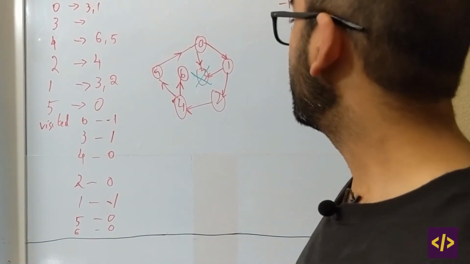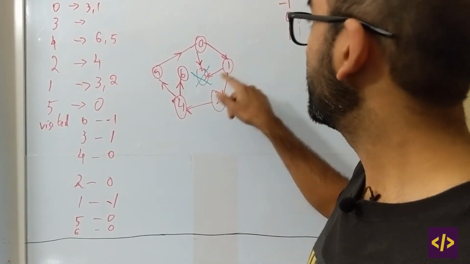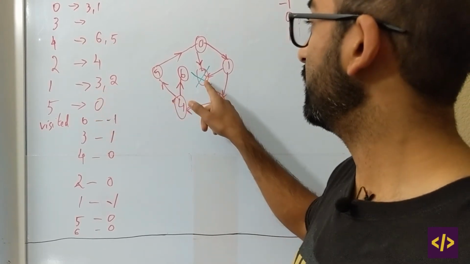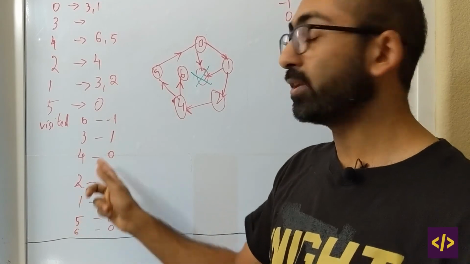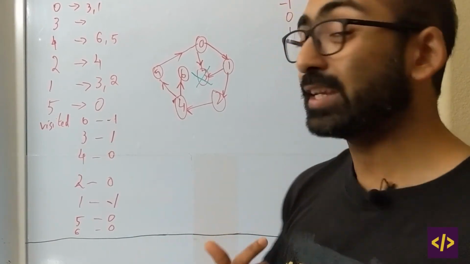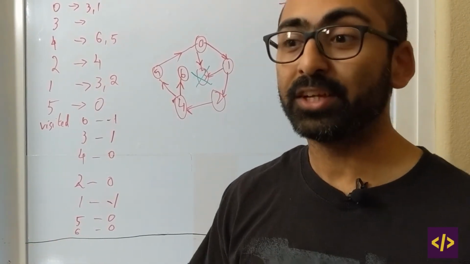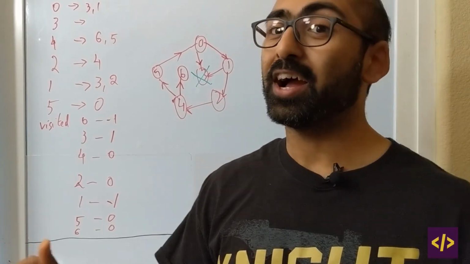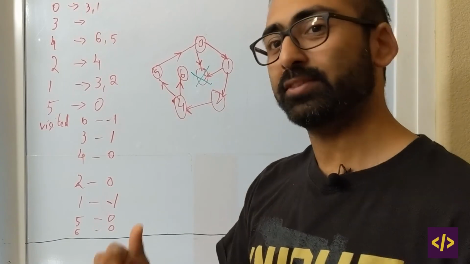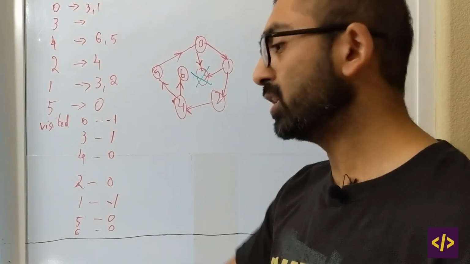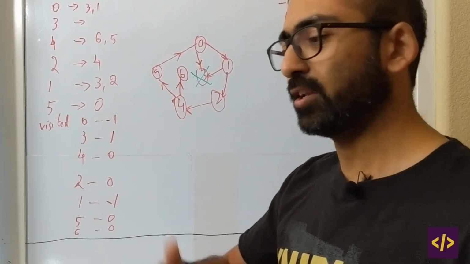So -1, and then we check that 3 is in its adjacency list, but when we check the visited value for 3, it's 1. So what does that tell us? Don't go through this path. It's a good path, it doesn't need to be checked again. We say, okay, I've seen this one before, it's good. Let's go back.